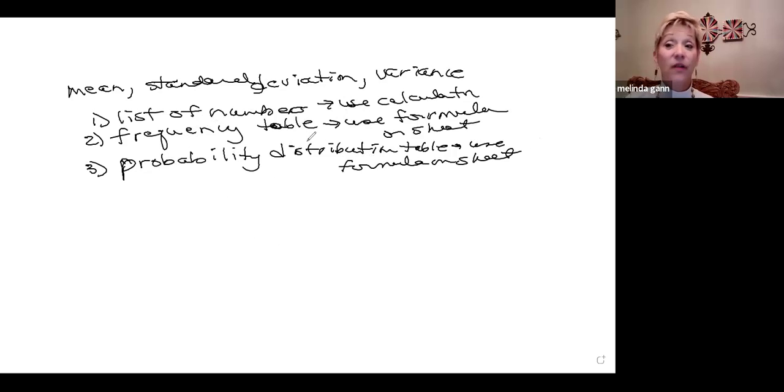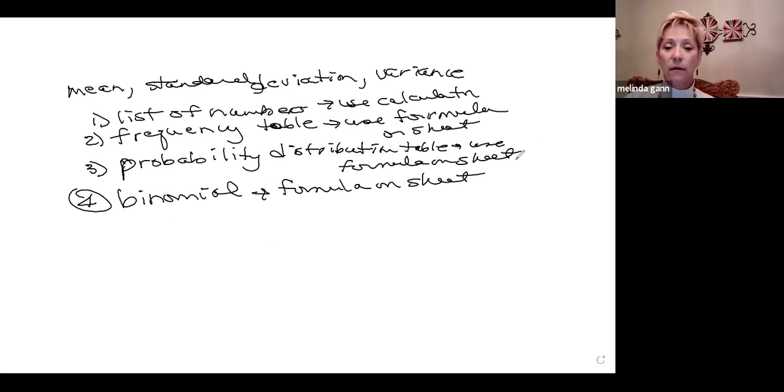If it's a frequency table, there are not decimals on the right column. A binomial problem is a word problem. You don't see a list of numbers and you don't see a table. It's got to be binomial. And again, the formula is on the sheet. So even though I can ask you to find the mean of lots of things, there's not really any way to get them mixed up if you've done your homework and studied.